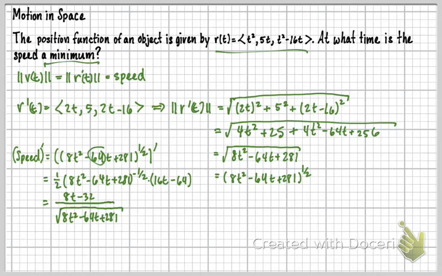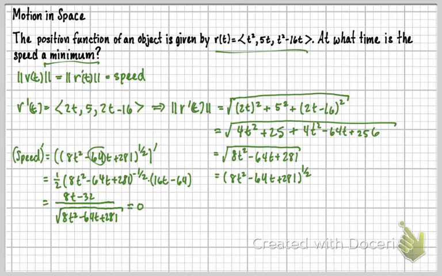So now I have to find out where my derivative is 0 to find a max or a min. But the only thing I really have to worry about is the top being 0, because that's where the whole thing is going to equal 0. If the top is 0, the whole thing's 0, and the bottom won't interfere with that. If the top is 0, the bottom won't be 0.